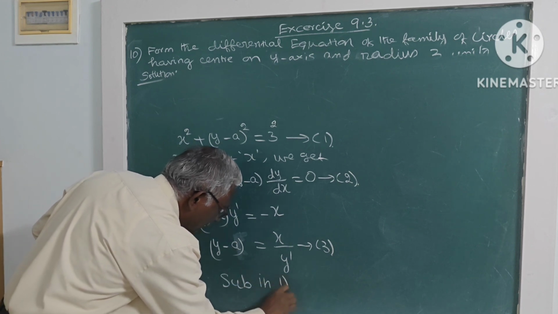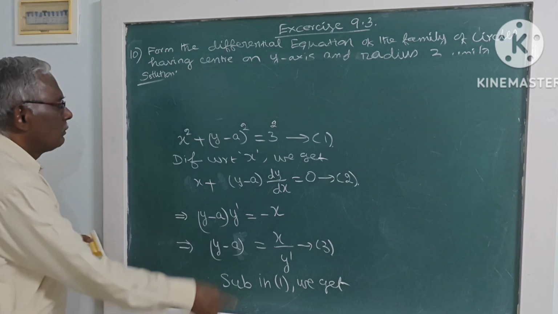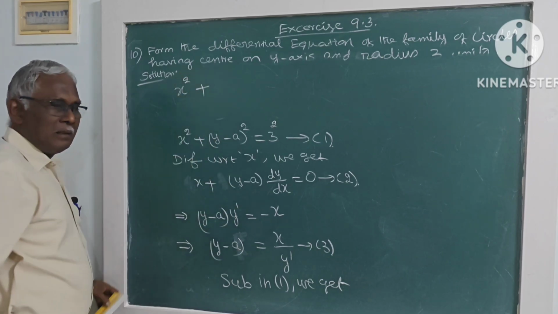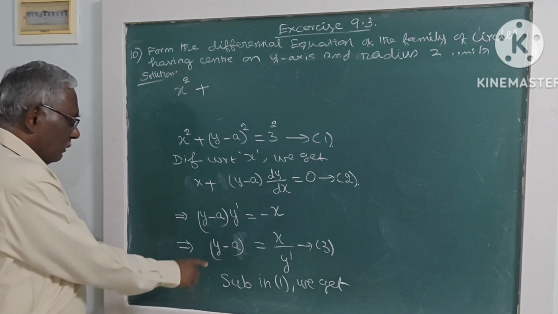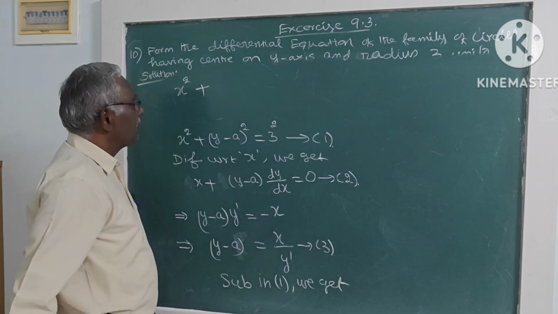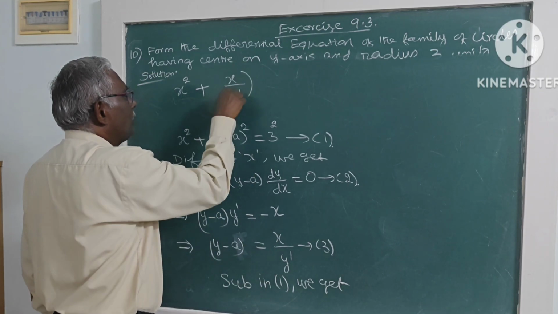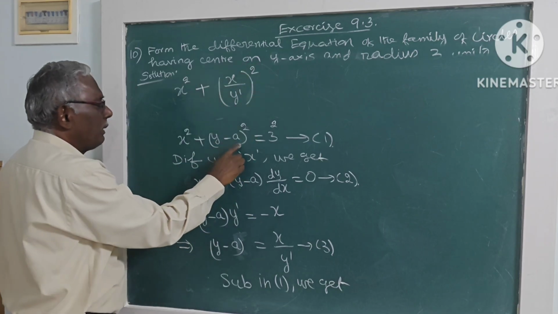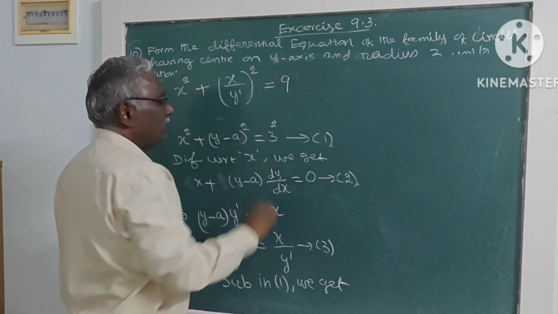Substitute in 1, we get x square plus, for y minus a we are substituting x by y dash. So x by y dash whole square, because y minus a whole square, this equal to 9.